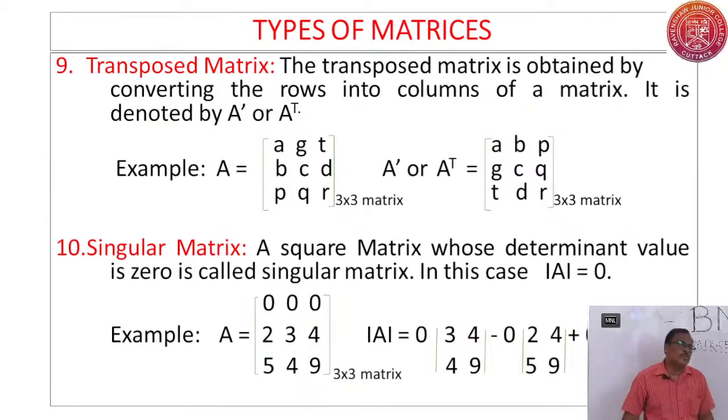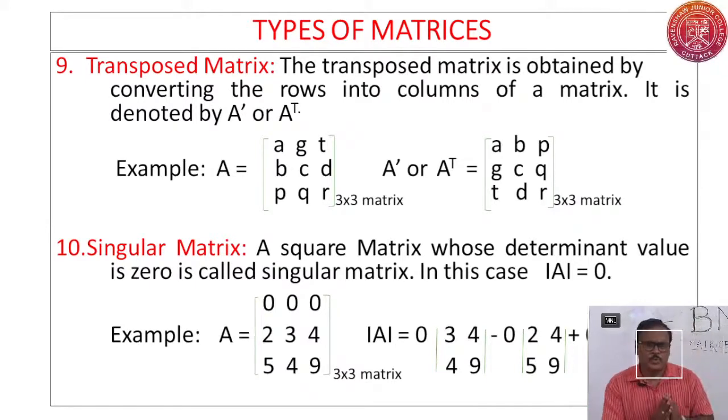The third row PQR becomes the third column PQR. So the transpose matrix is obtained by converting the rows into columns of a matrix. It is denoted by A dash and AT.